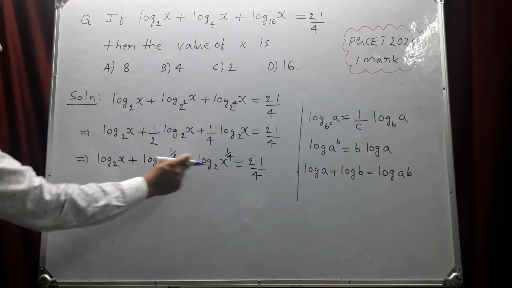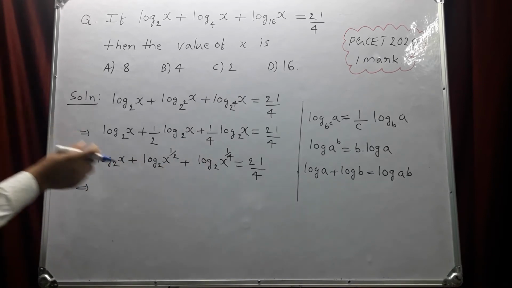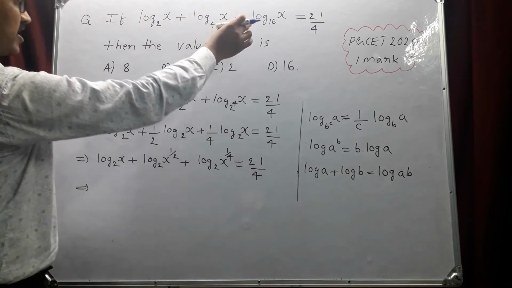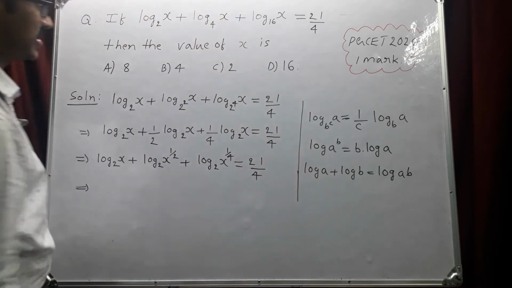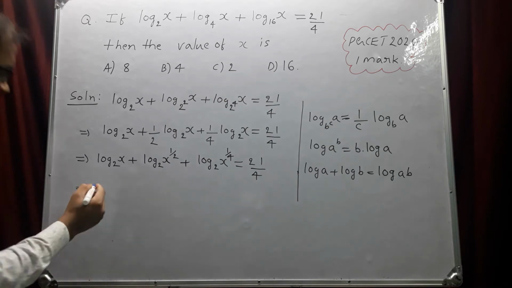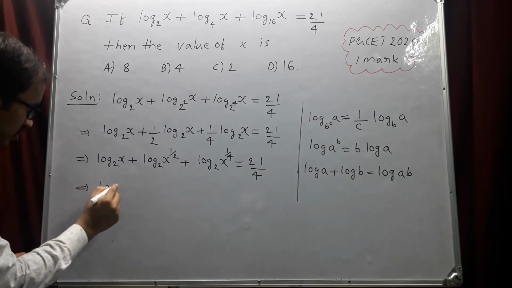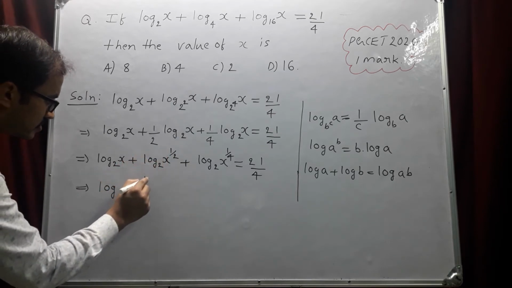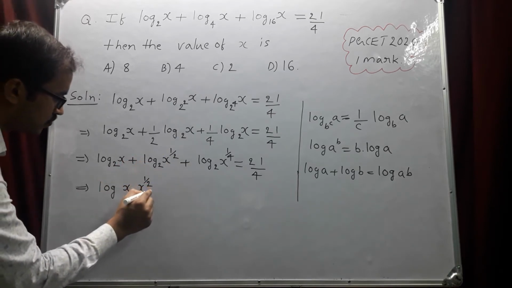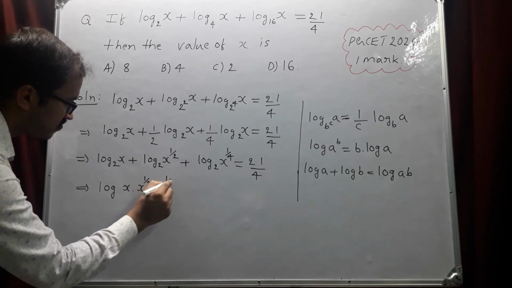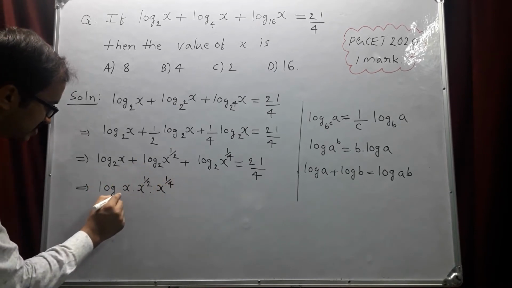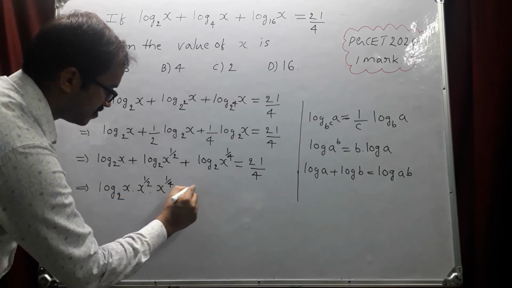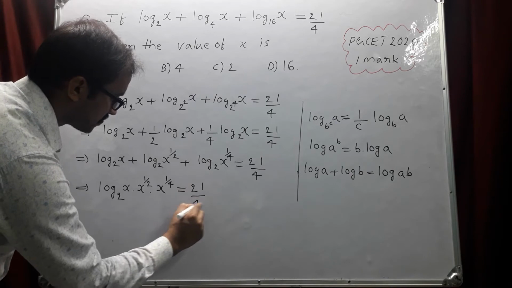See, we have same base here, okay? So we can use the formula, but here what we have? Base is different, so we cannot use the formula directly. So therefore what we are getting? Log x into x to the power 1 by 2 into x to the power 1 by 4 to the base 2 is equals to 21 by 4.